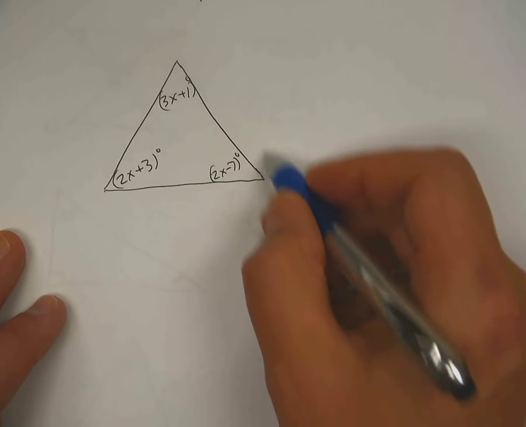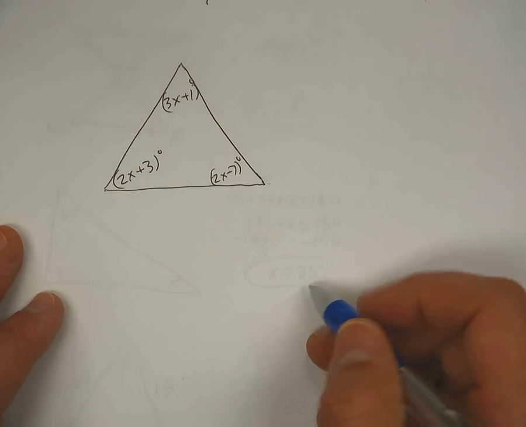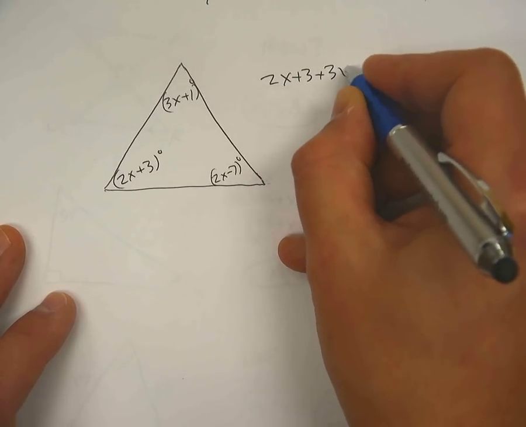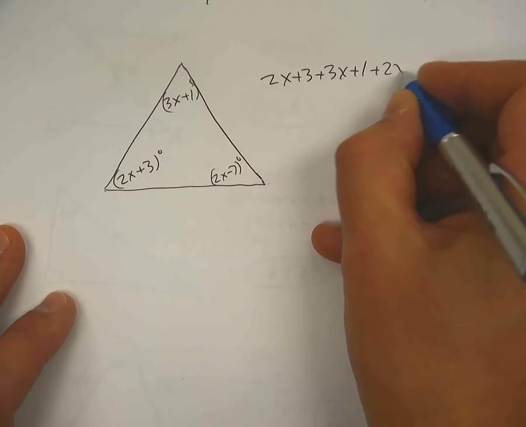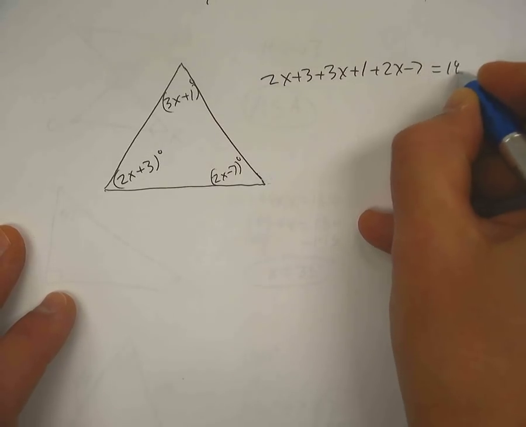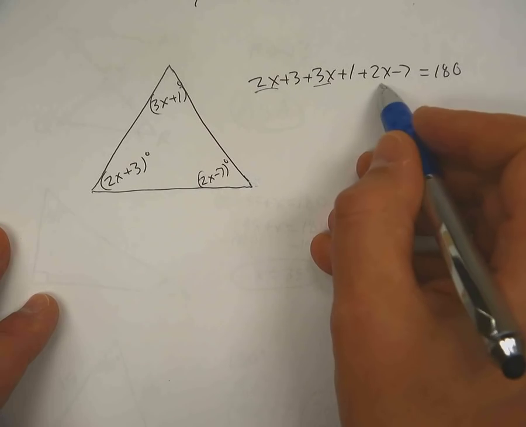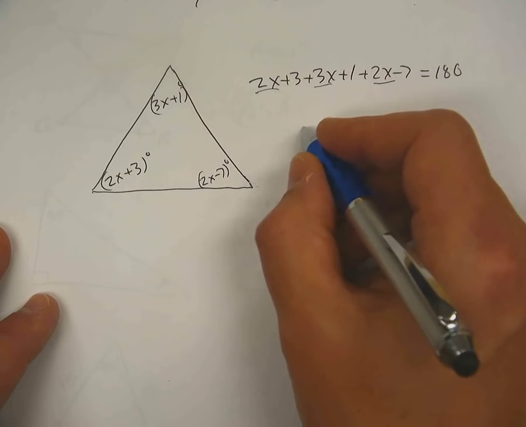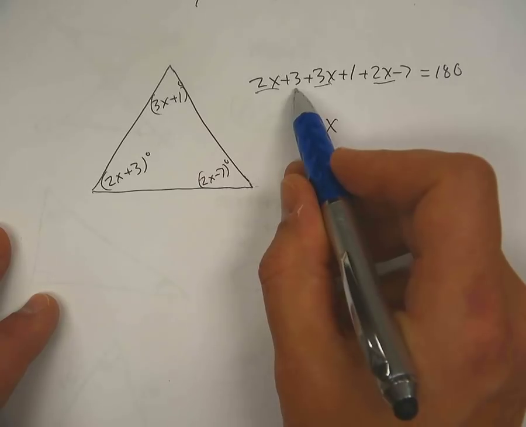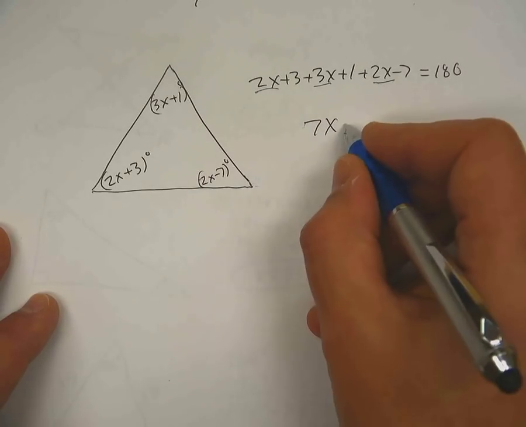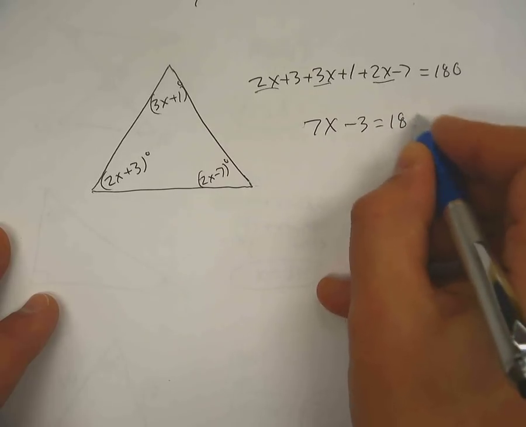So first of all, I know the measures of these all add up to 180. So I could take 2x plus 3 plus 3x plus 1 plus 2x minus 7 equals 180. Then I combine like terms, 2x and 3x and 2x. That gives me a total of 7 x's. Then I add 3 plus 1, which is 4, minus 7 is minus 3, equals 180.